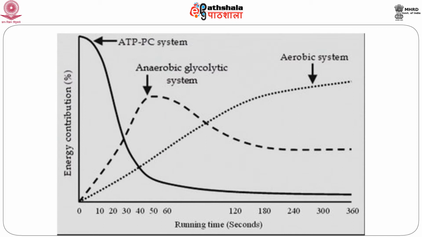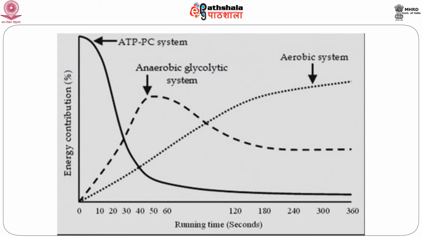As exercise continues, the anaerobic systems become depleted due to the limited stores of ATP, PC and glycogen. And the aerobic system becomes increasingly dominant as it can break down more complex fuels for energy, such as fats and proteins as well as glycogen.